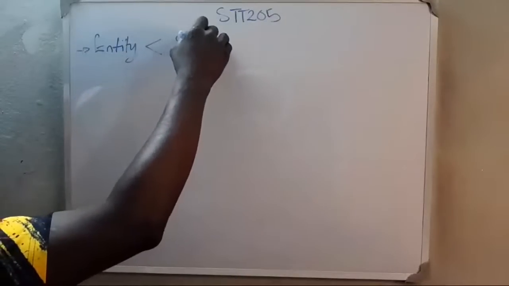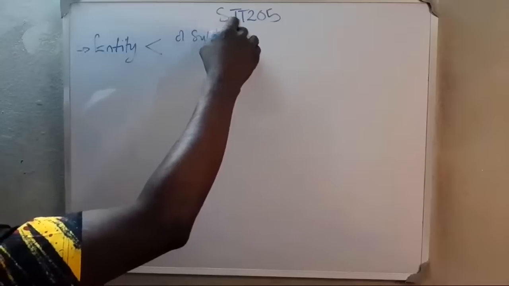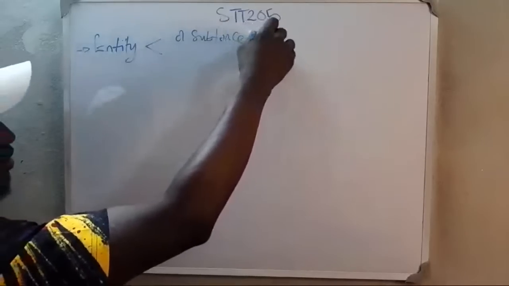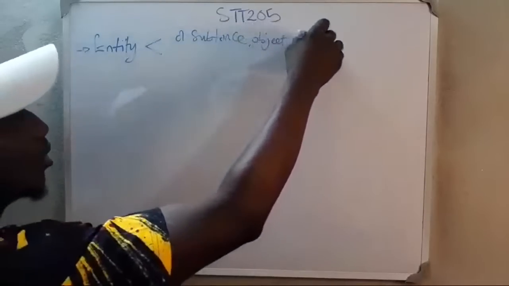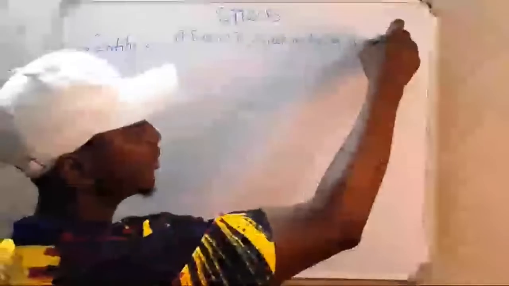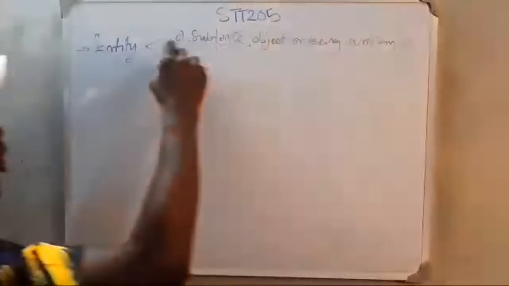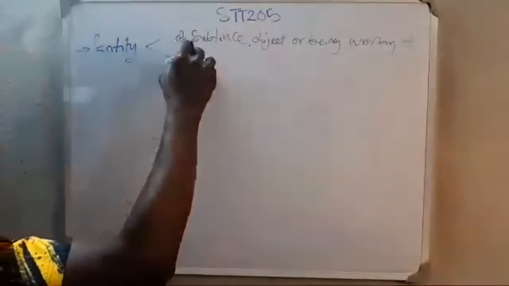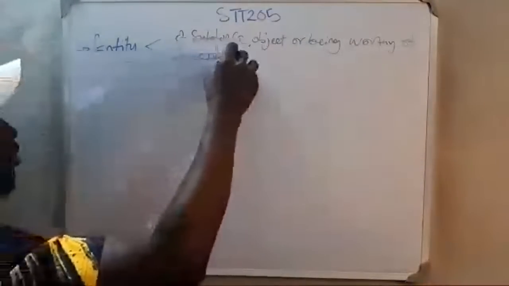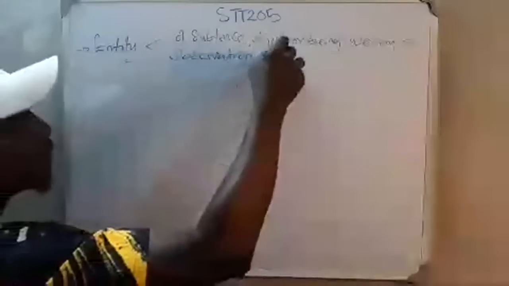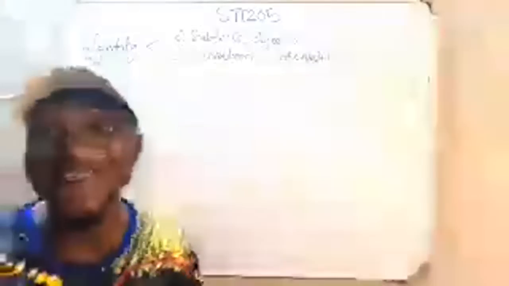A substance, object or being worthy of observation, or observable, they refer to that as an entity.